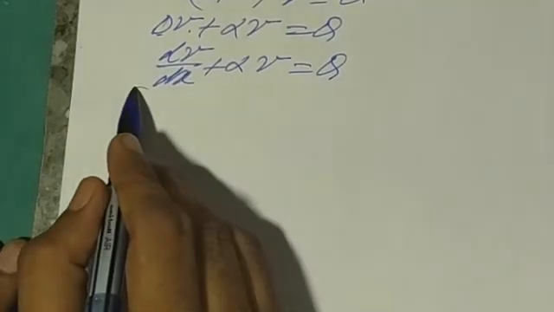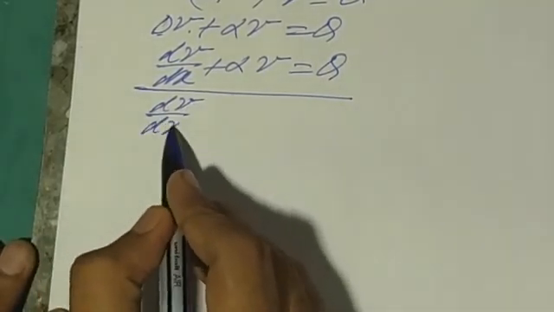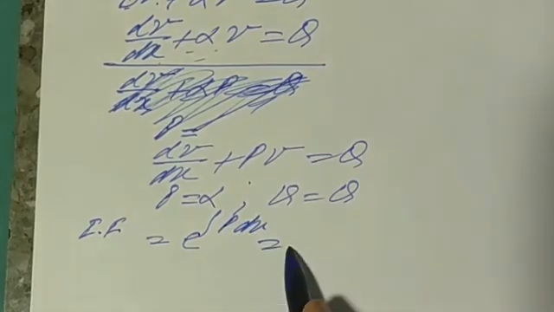So again, this is linear differential form which may be compared with the standard form dV upon dx plus PV is equal to Q. So comparing this with the standard form, we get P is equal to alpha and Q is equal to Q, obviously. So integrating factor in that case will be e raised to the power integral P dx, that is e raised to the power integral alpha dx.